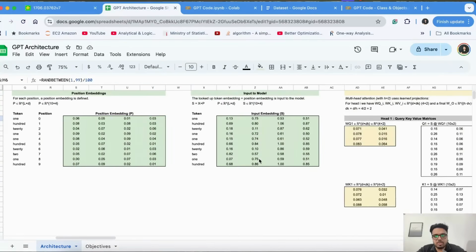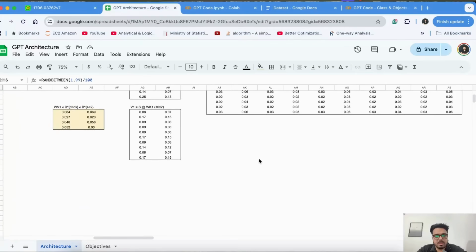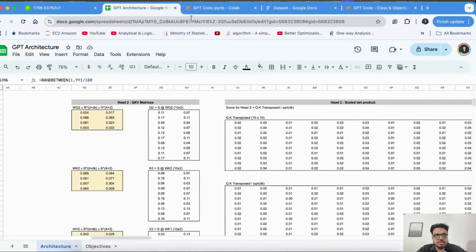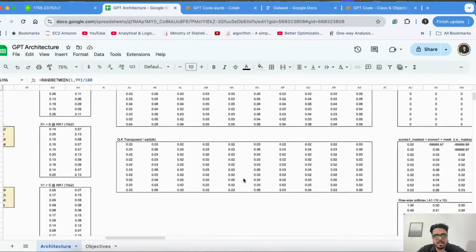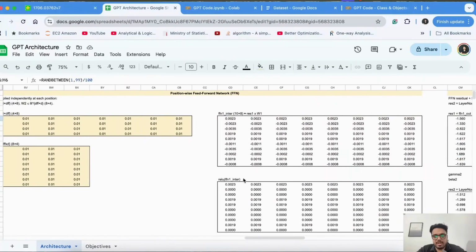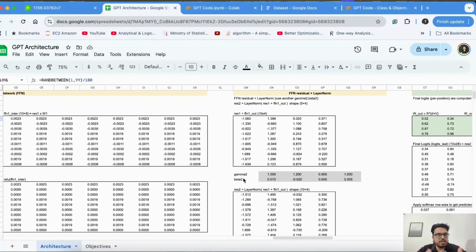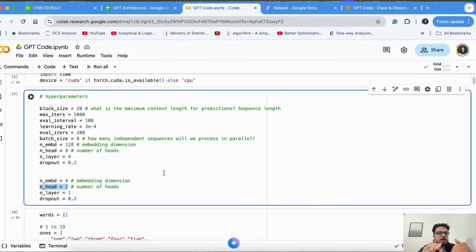We had just 2 heads within each attention layer, so now let's have 8 heads, and number of layers to 4. We had just 1 layer, which means the attention plus feed forward combined was just 1 layer. We are now going to have 4 such copies embedded in the model architecture. And dropout we will keep the same, which is 0.2.